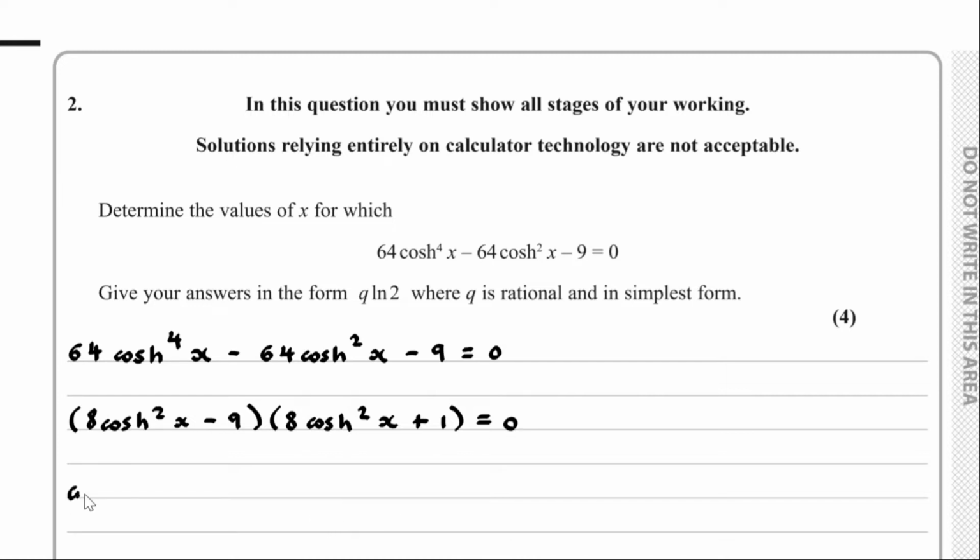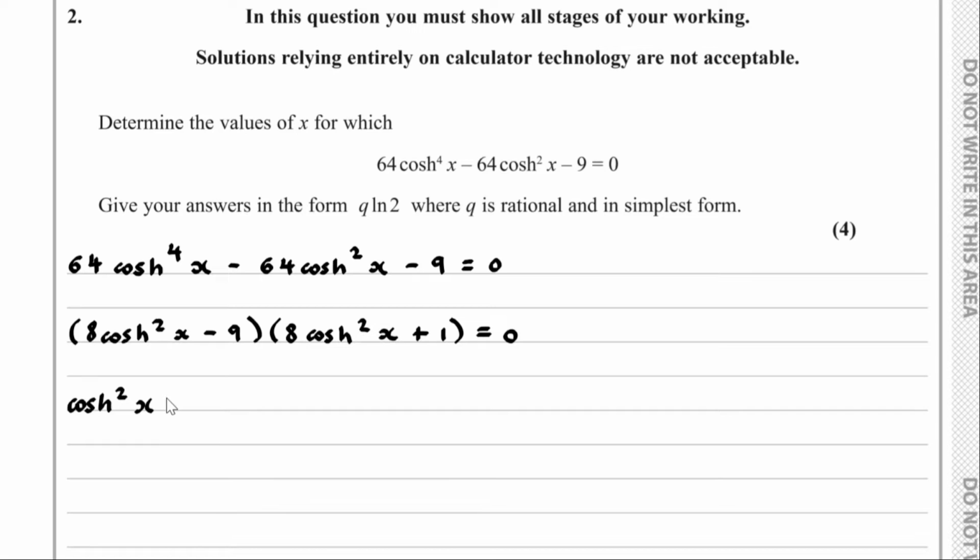And so either cosh squared x will equal 9 over 8, or cosh squared x would equal minus 1/8.